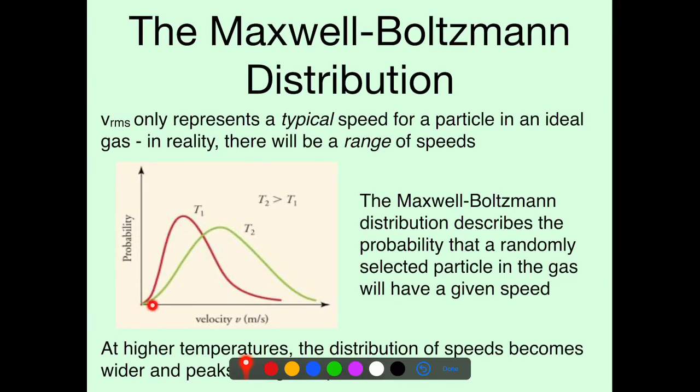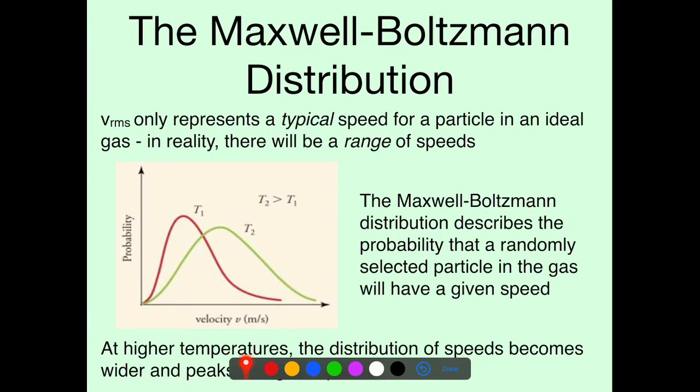The fact that when velocity is small, the probability is also small tells you that it's not very common for particles to have velocities over here. But as we work our way up, it starts to peak. The velocities in this region, where the graph is peaking, are very probable. In other words, this is the most typical speed that you're going to find. But as you go to even higher speeds, it starts to fall off again, meaning really, really high speeds are less common. That's the idea behind the Maxwell-Boltzmann distribution.